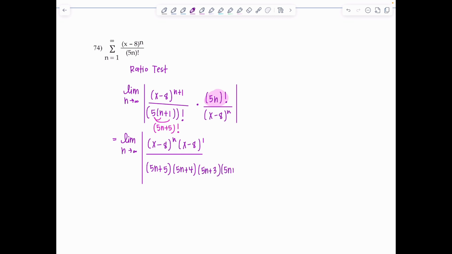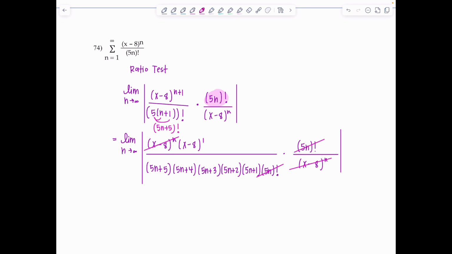Keep it going. 5n plus 2, 5n plus 1, 5n factorial, times 5n factorial over x minus 8 to the n. Beautiful. So then now, who cancels? X minus 8 to the n and 5n factorial.